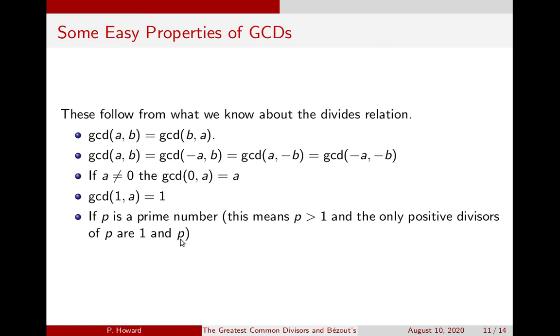So we have a prime number, and we also have another integer A, which is not divisible by P. So if P is prime and P does not divide A, then we can say what the greatest common divisor of A and P is. Right? The divisors of P are 1 and P, so the greatest common divisor has to be one of those. But P does not divide A, so that narrows it down to the number 1 for the greatest common divisor. If P is prime and P does not divide A, then the greatest common divisor of A and P is 1.